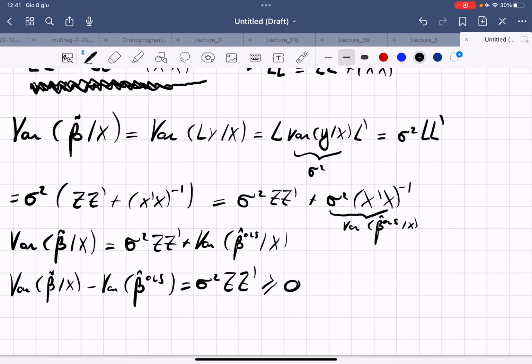And then we have proven the Gauss-Markov theorem.